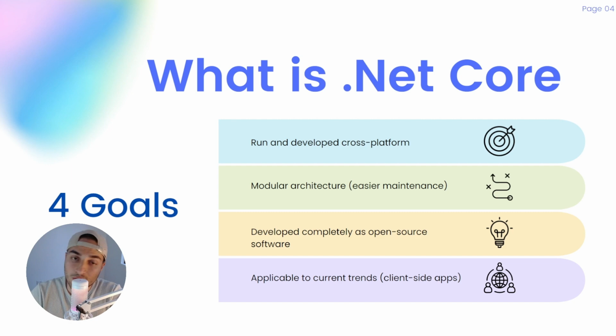So basically, .NET Core was built to achieve 4 main goals. As .NET Core is the latest version, before it was just called .NET Framework, and it was lacking some functionality that the .NET Core version came to solve. All right, so basically it wanted to be run and developed cross-platform, because before there was a limitation in which .NET applications could actually just be developed and deployed on Windows architecture.